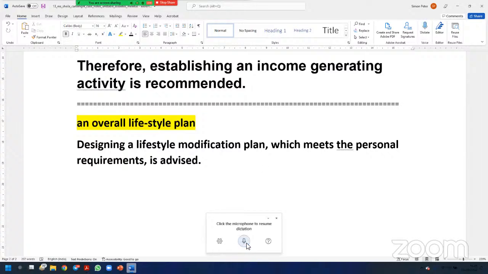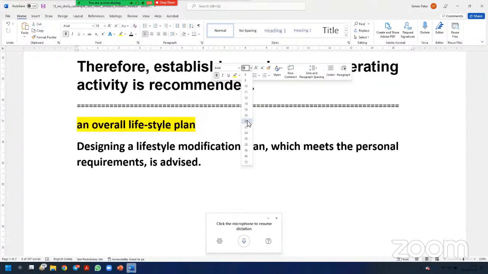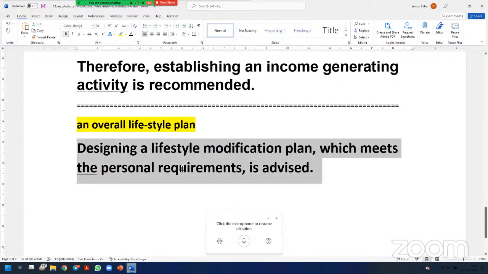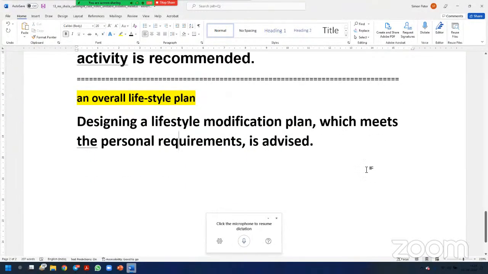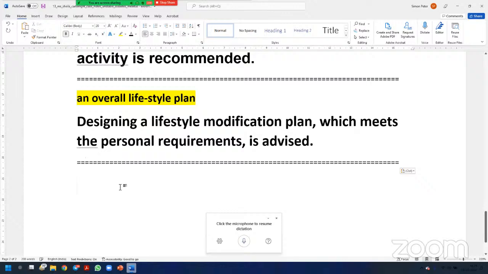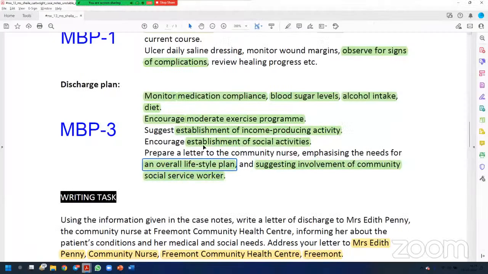Designing a lifestyle modification plan which meets the personal requirements is advised. So try to write sentences like this. You're not just writing something.